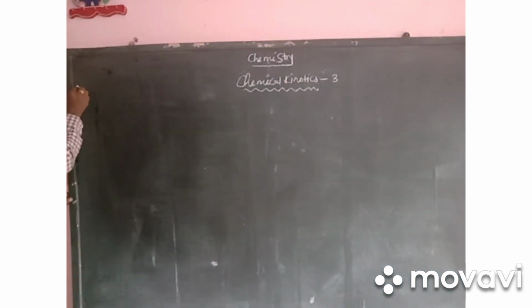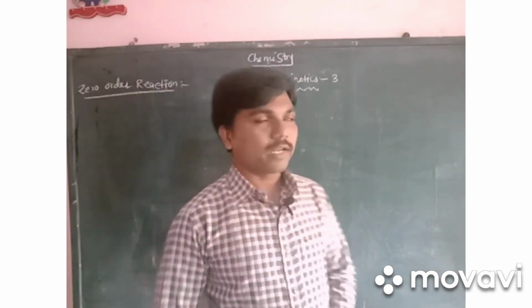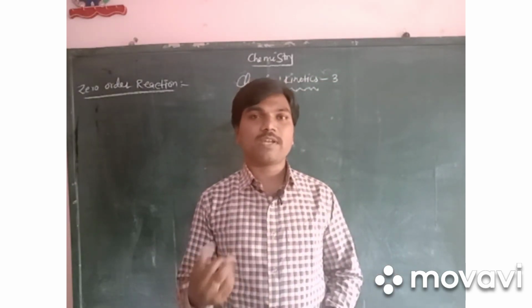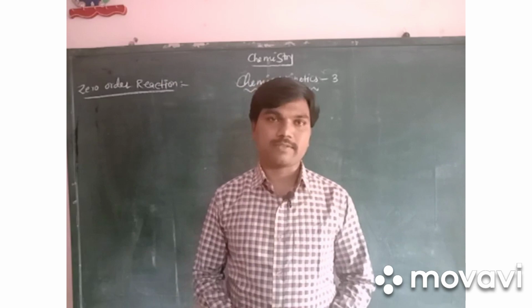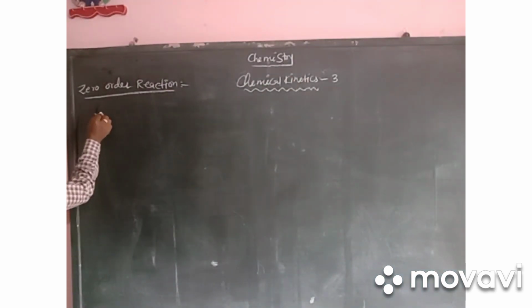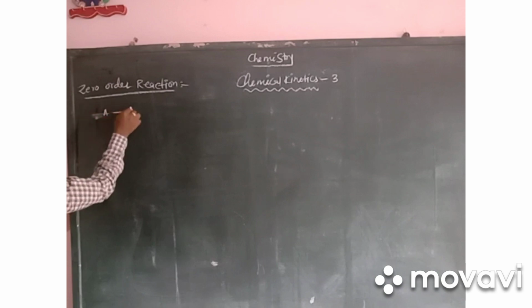So, zero order reaction. The reaction in which the rate does not depend on the concentration of the reactants, we call it a zero order reaction. Taking one hypothetical chemical equation, A gives product.